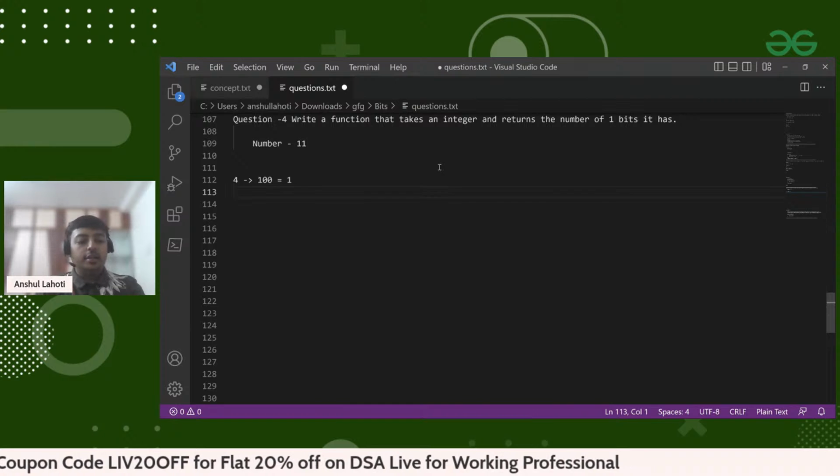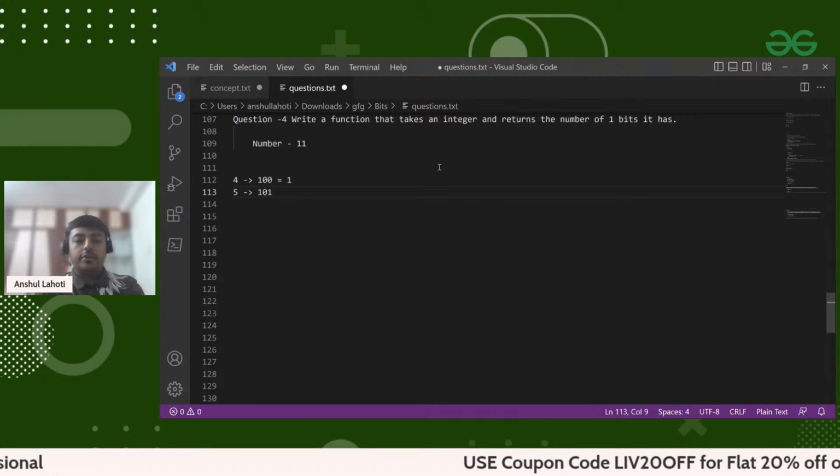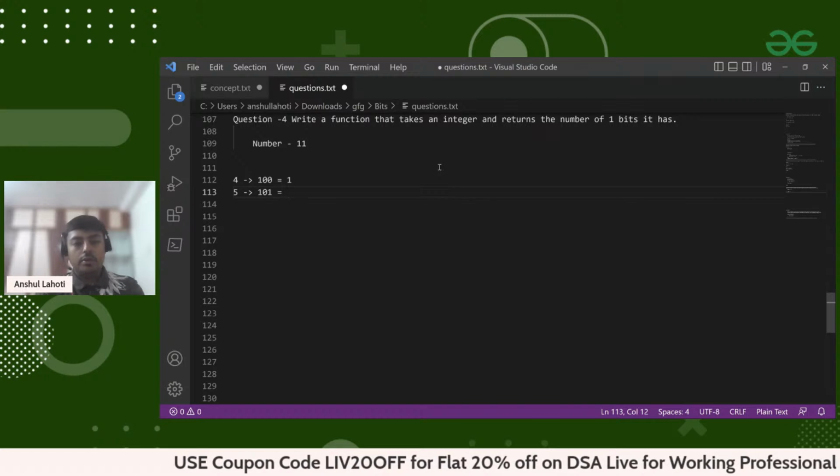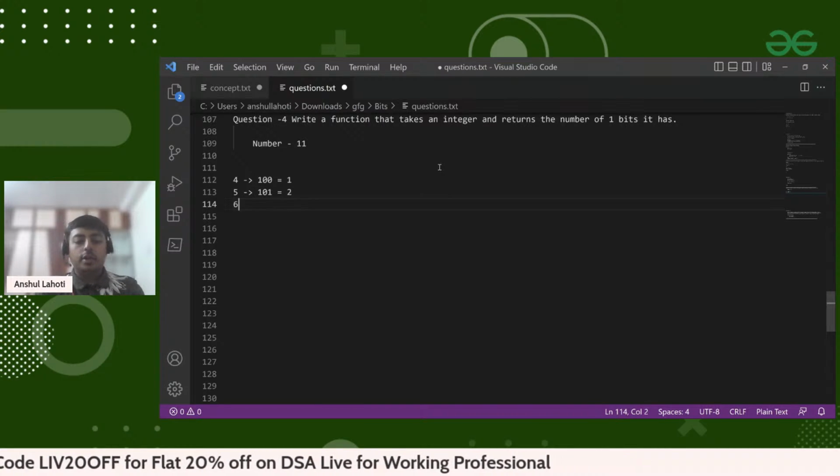Similarly, you can see 5. 5 is 101, so it's 2. Similarly, you can take 6 also. 6 is 110.